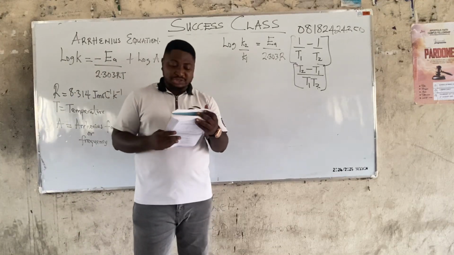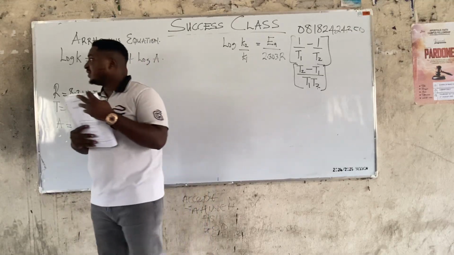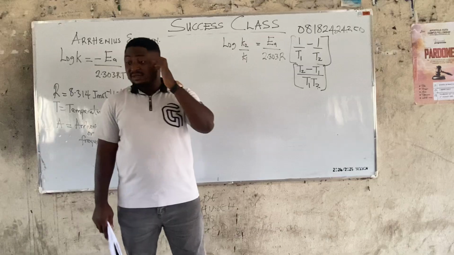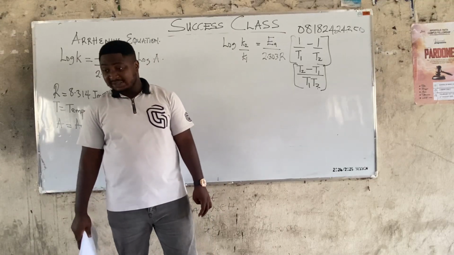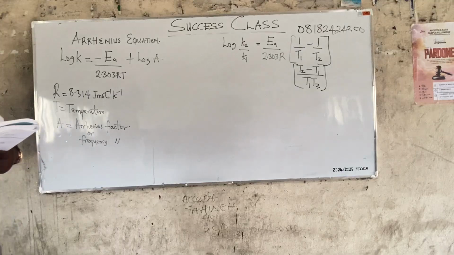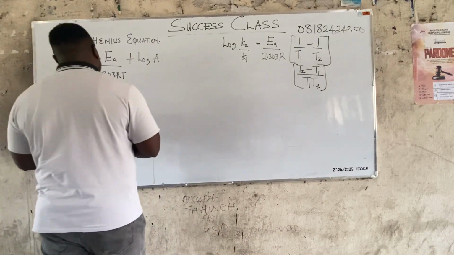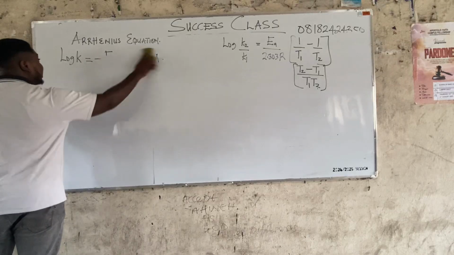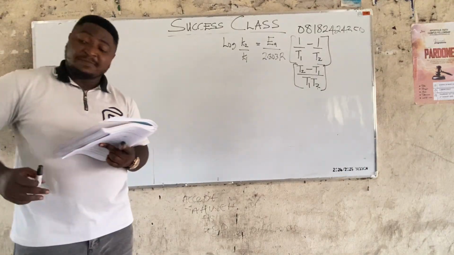The rate constant for the first order decomposition of N2O5 at 15 degrees Celsius is 6.90 times 10 raised to the power minus 2 per second. Per second, because it's first order, right?